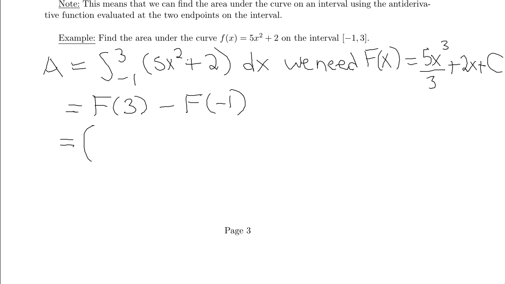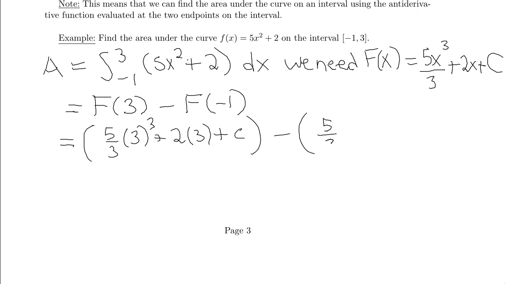So that means we would have 5/3 times 3 cubed plus 2 times 3 plus some constant c, minus, and now we evaluate it at -1, 5/3 times -1 cubed plus 2 times -1 plus c.